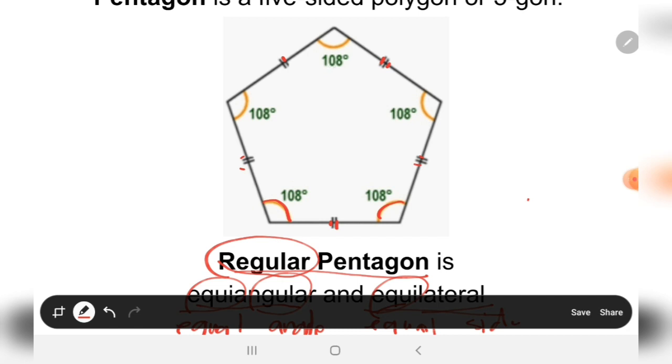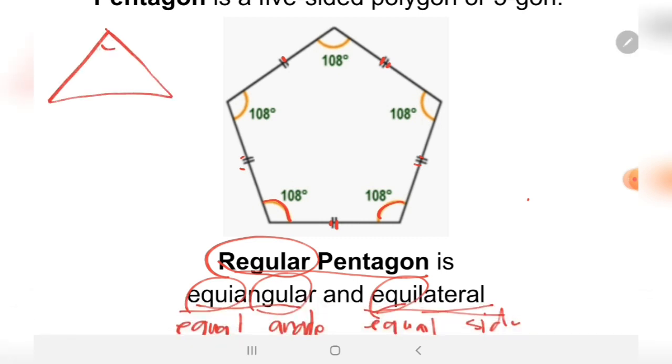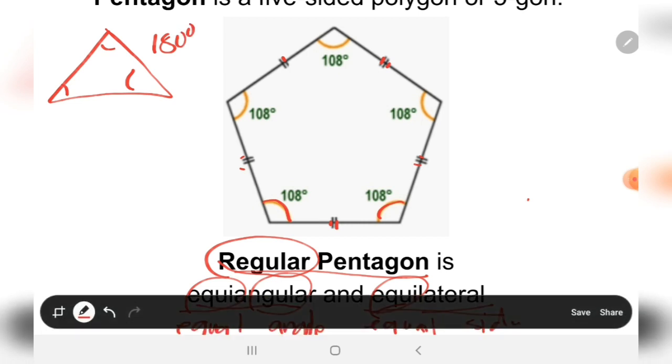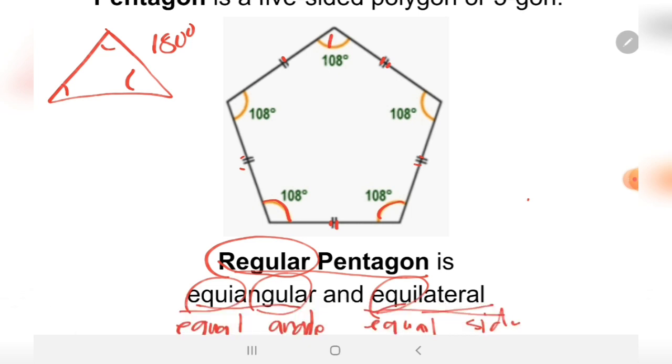Now the question is, why do we have 108 here? We have 1 2 3 4 5, 108. Okay, remember that in a triangle, the total angle is 180 degrees, right?